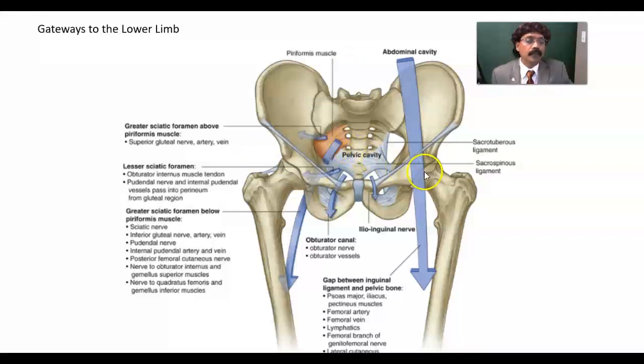This is very important. And what are the contents of the obturator canal? This image I have also taken from Gray's Anatomy for Students. What structures pass underneath the inguinal ligament? Multiple muscles and vessels go underneath the inguinal ligament. This is very important to us.